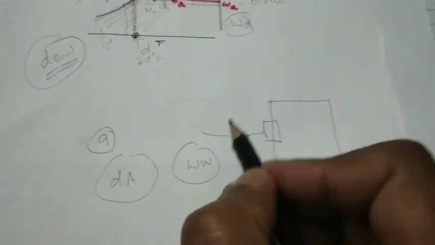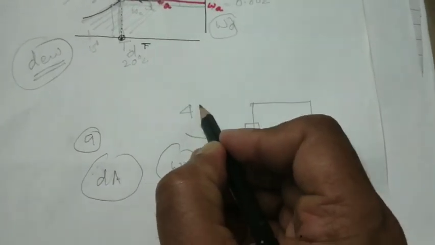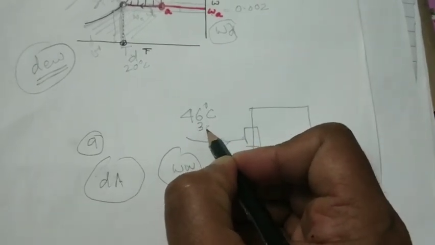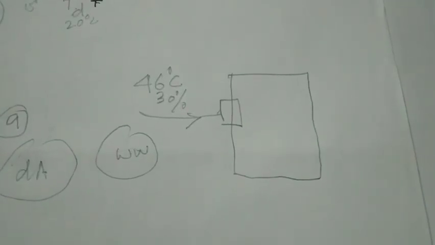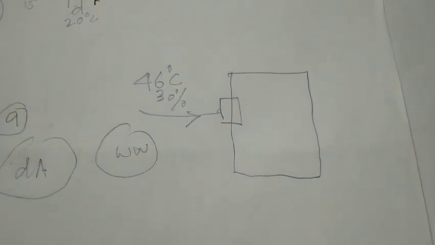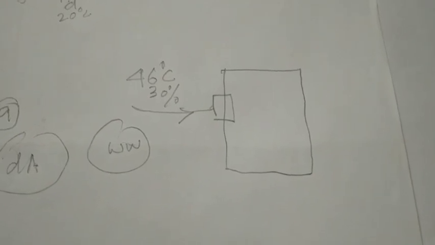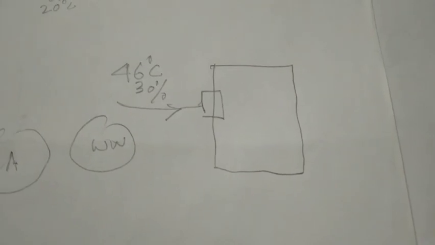Supposing it's Delhi, the temperature is say 46 degrees centigrade, and the relative humidity is say 30%. Outside temperature is very, very high. It's very, very hot, and the humidity, as per the temperature, seems to be low, but it's fine.